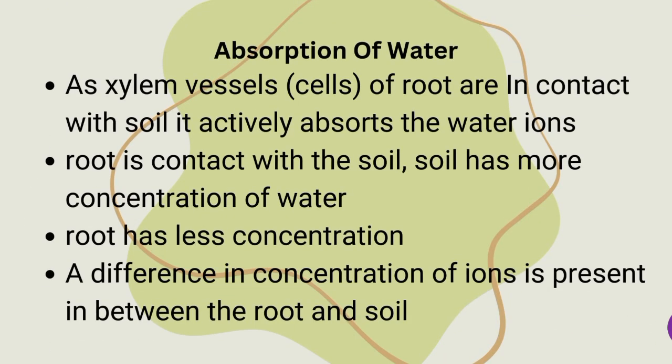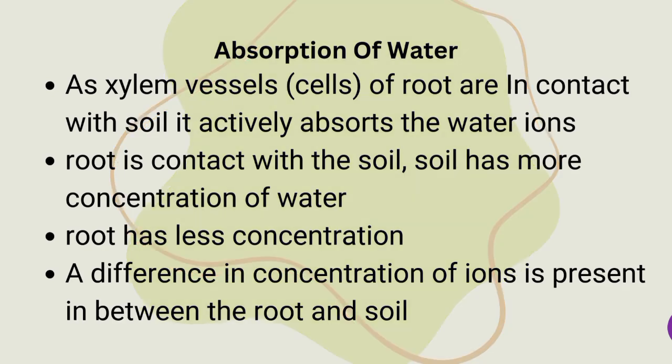For absorption of water, a xylem vessel, which is a cell of the root in contact with soil, actively absorbs the water ions. As the root has a lower concentration than the soil, a difference in concentration of ions is present between the roots and soil.